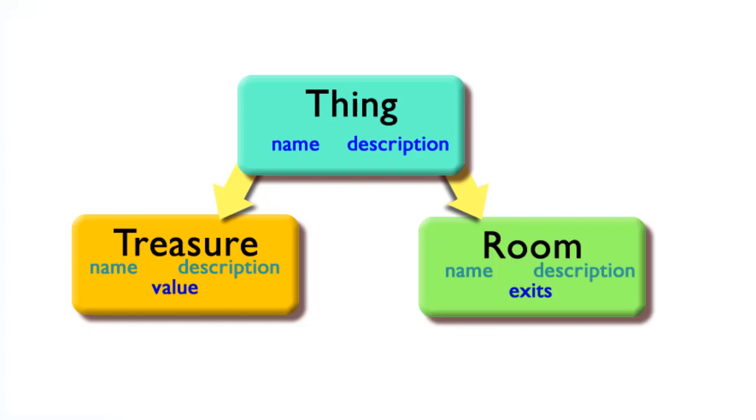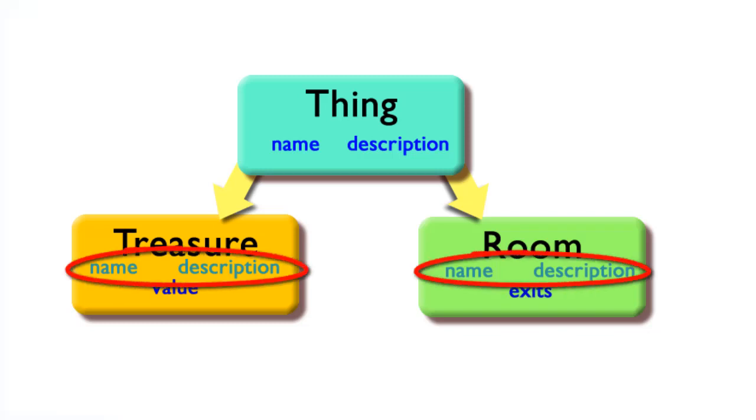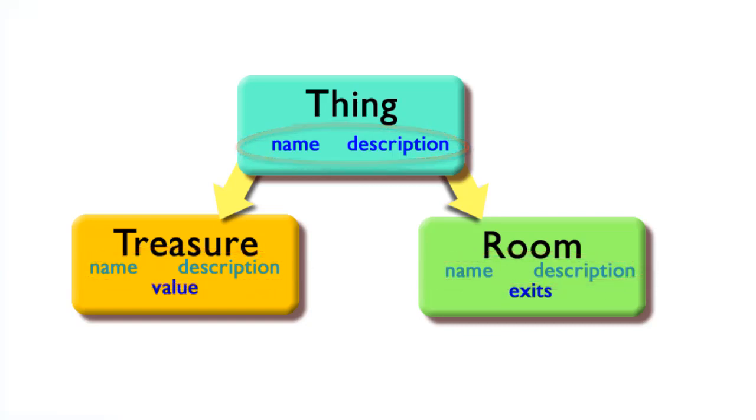So now I decide I need a separate treasure class, and also a room class, and these will be the blueprints from which individual treasure and room objects can be created. These two have names and descriptions, but since I already have a class that handles those, I make both the treasure and the room class descendants of the thing class.